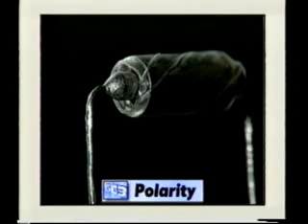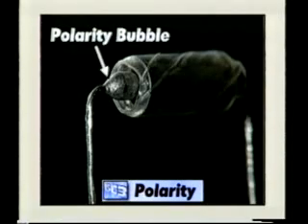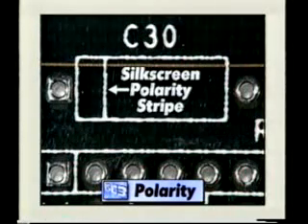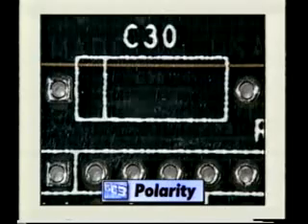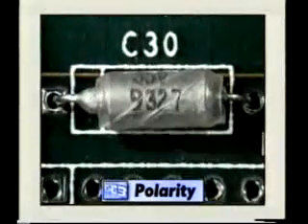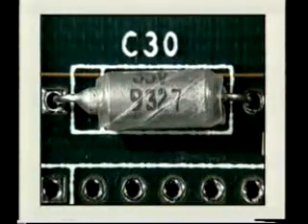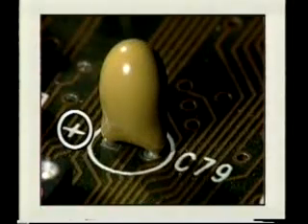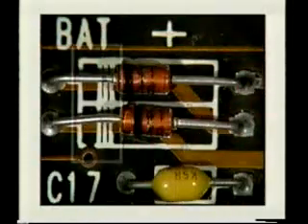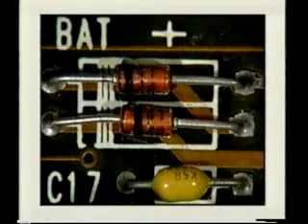When the component has a positive and negative connection that must be made in a certain way, it is called polarity. Understanding the polarity and orientation of components is an extremely important part of component identification. If a component is installed on the board incorrectly, it could damage the component, the printed board, or other components in the assembly.